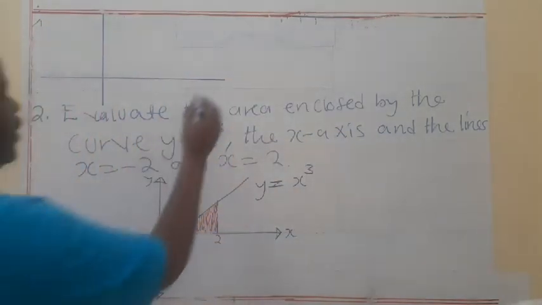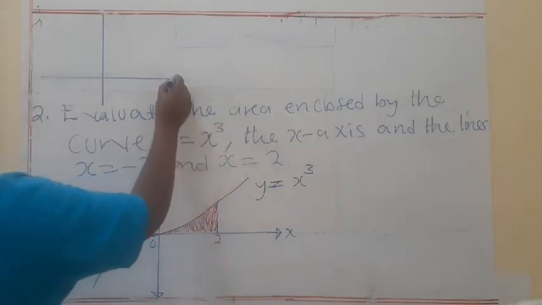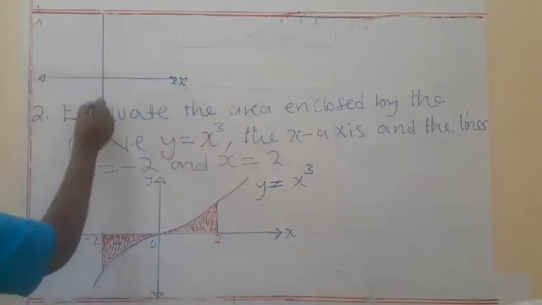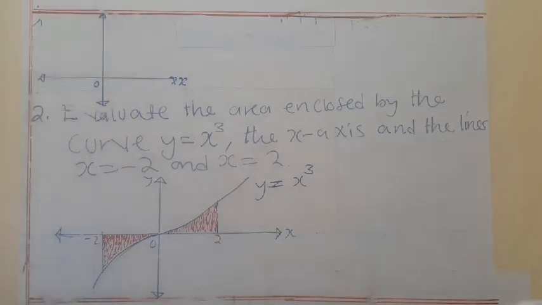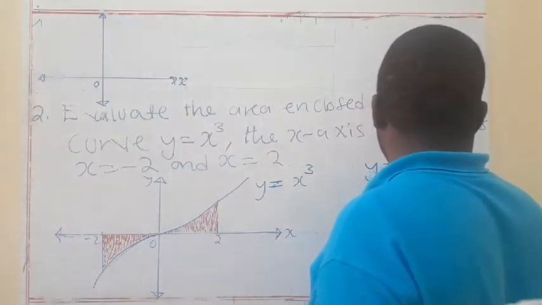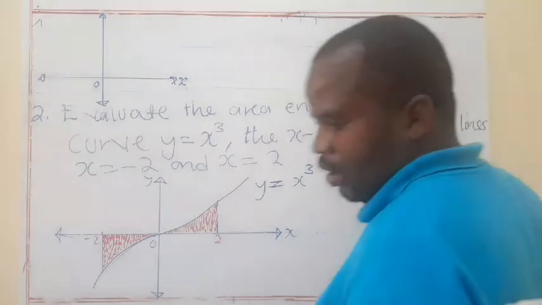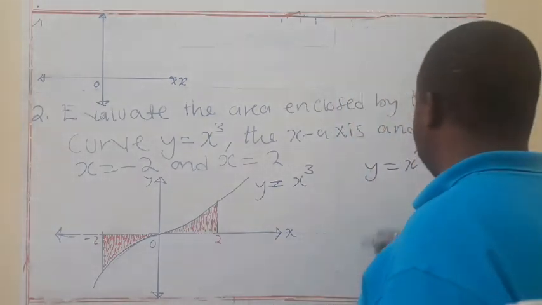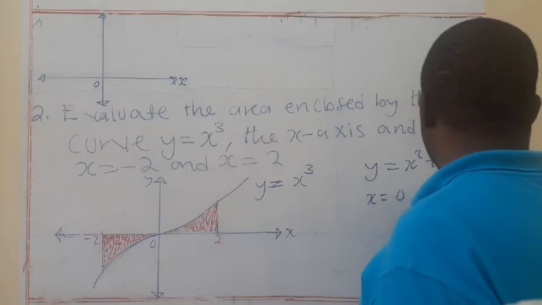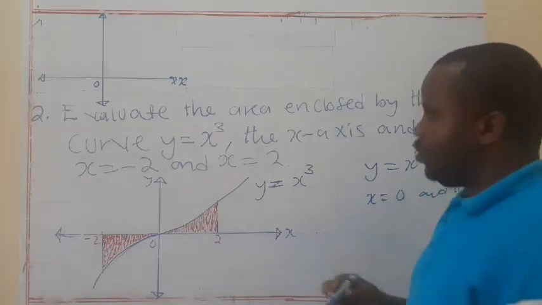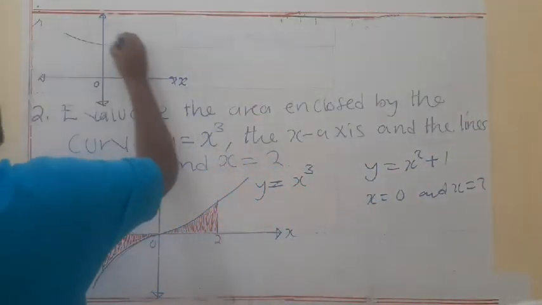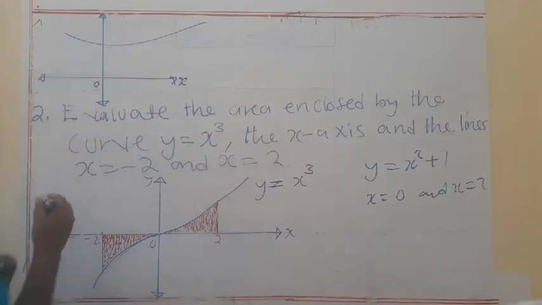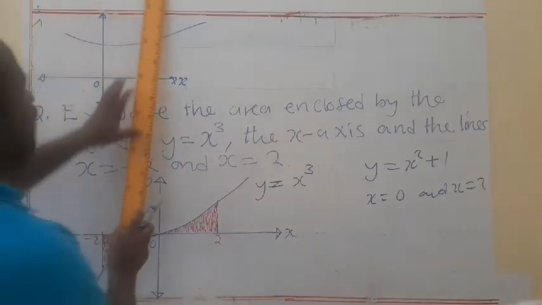So this is our x-axis and this is our y-axis. So we have a curve which is y is equal to x squared plus 1. We have the x-axis as well, and the values of x are from 0 to 2. Okay, so we can just try to sketch this one. Then we can say we have something like this. So from 0 to 2, we might have our 2 here.